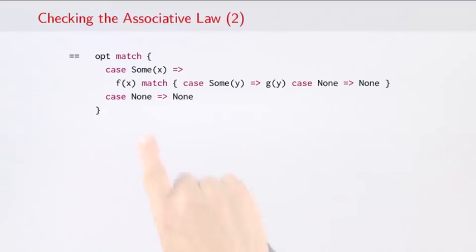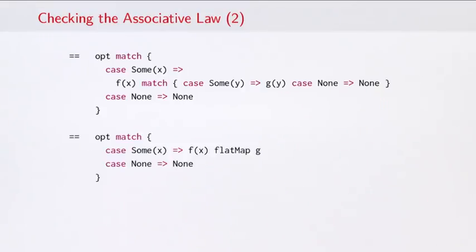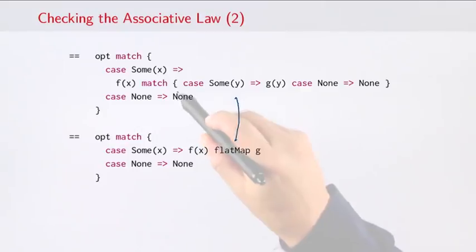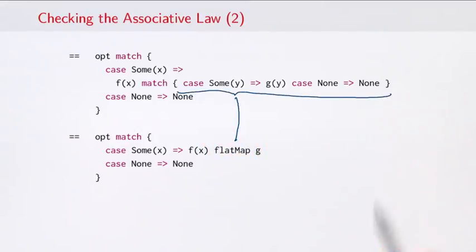In the first case, if we got a Some(x), then we match f(x) in turn. If we again get a Some(y), we give you g(y), and we keep a None. So what that is, if we look at things in reverse, it's just f(x) flatMap g. Because if we expand flatMap g, then that expansion in turn gives us exactly that pattern match here.